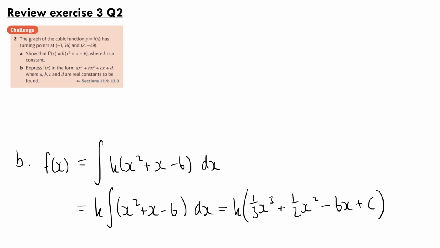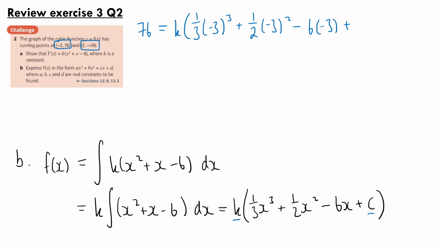Now here we have two constants which we need to find, the k and the c. And to do this, we can use the two points that they've given us that we know are on the curve. So if we first use (-3, 76), then we have 76, the y value, is equal to k lots of (1/3 times minus 3 all cubed, plus 1/2 times minus 3 all squared, minus 6 times minus 3, plus c).